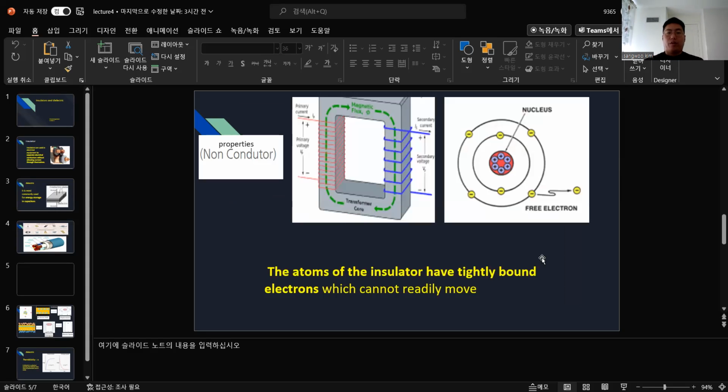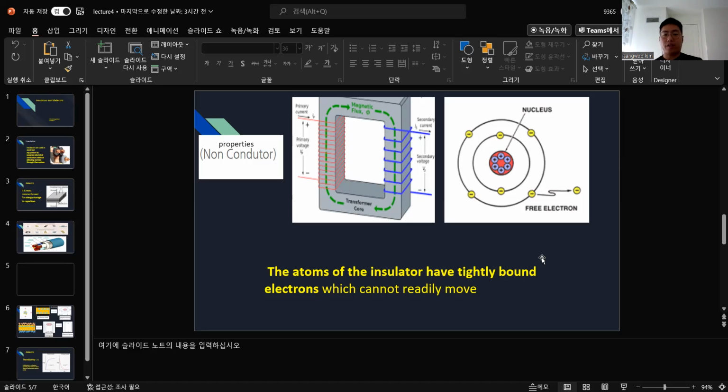Both insulator and dielectric can be the same material, for example paper, but they have a different purpose. The difference is the insulator prevents current, for safety for example, but the dielectric tries to store the energy.